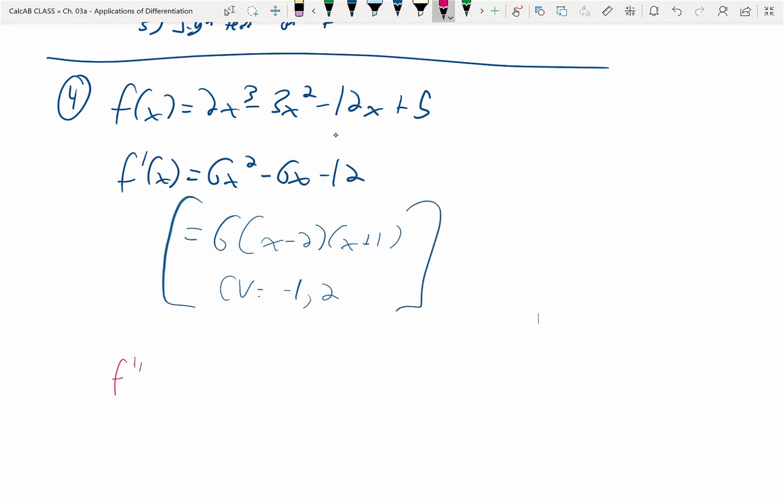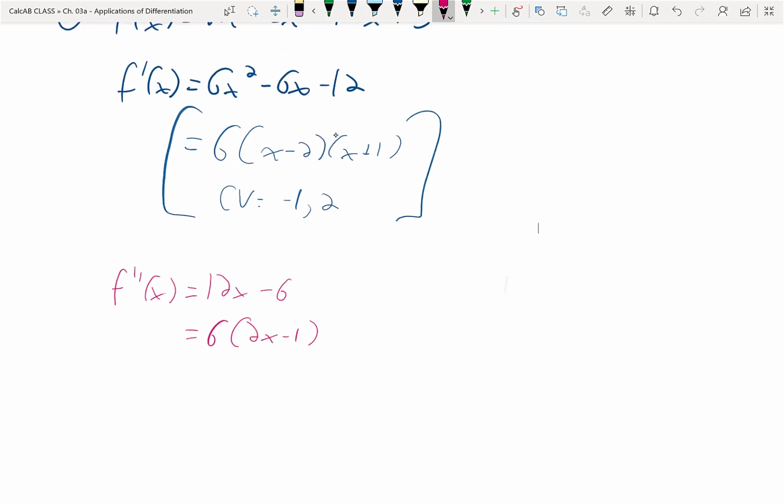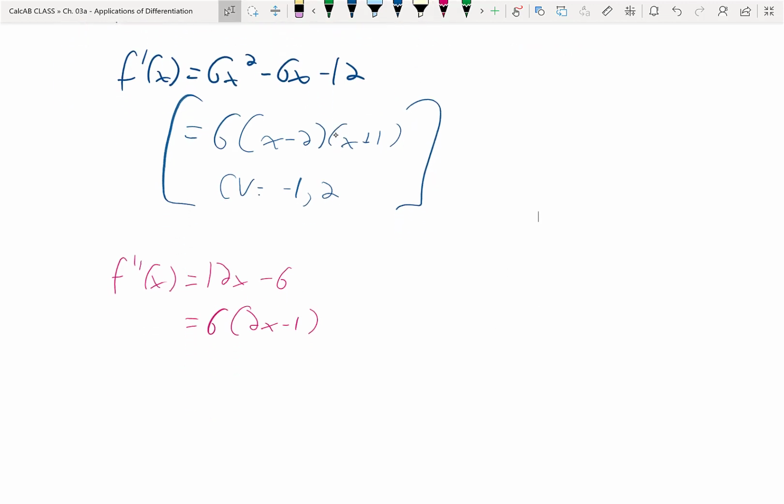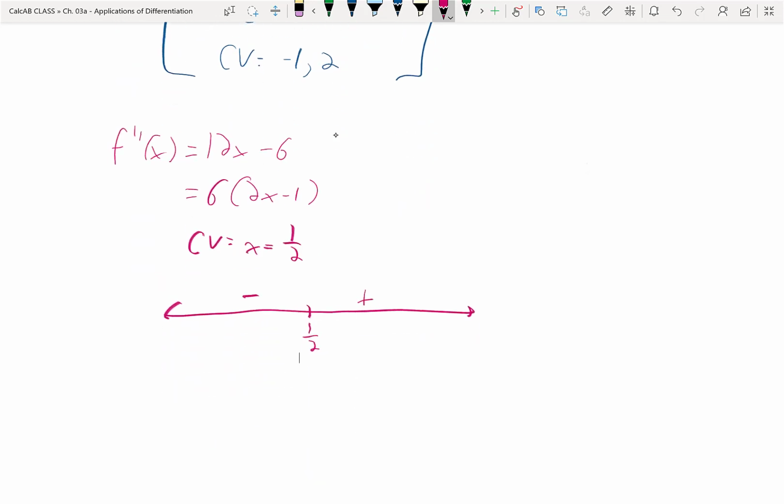Let's find f double prime, which is 12x minus 6. And if I factor that, I get 6 times 2x minus 1. Then I know that I have a critical value at x is equal to 1/2. So if I do a sign test with 1/2, it goes positive, negative.